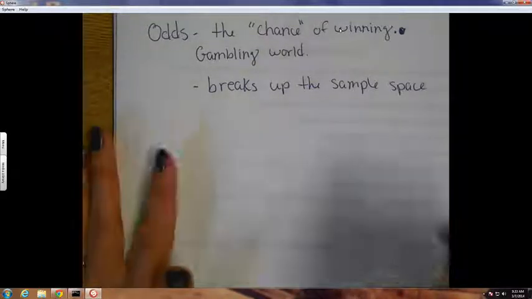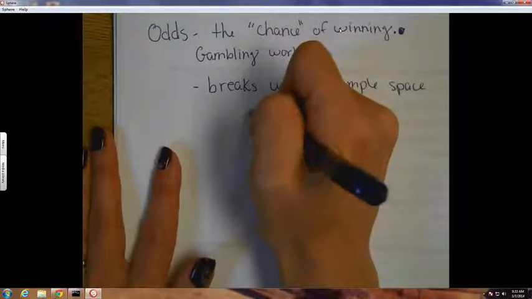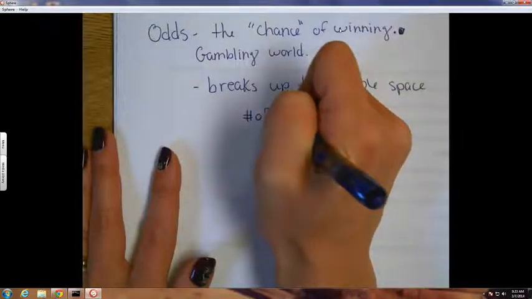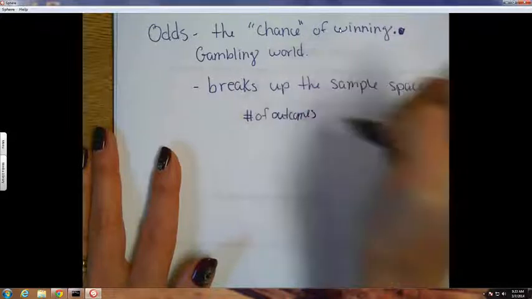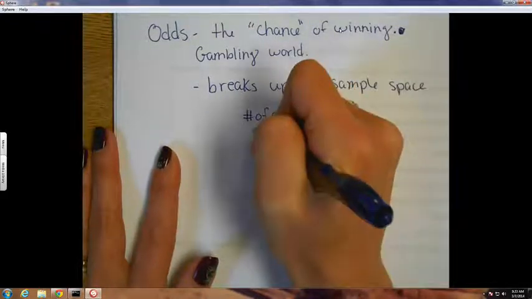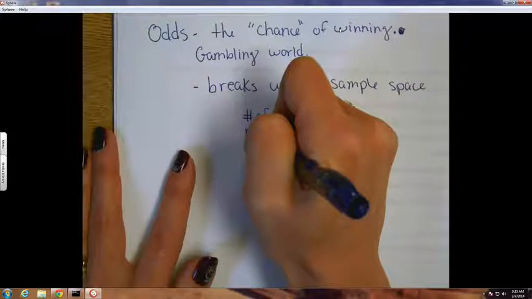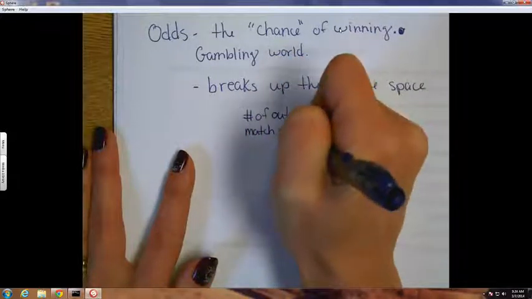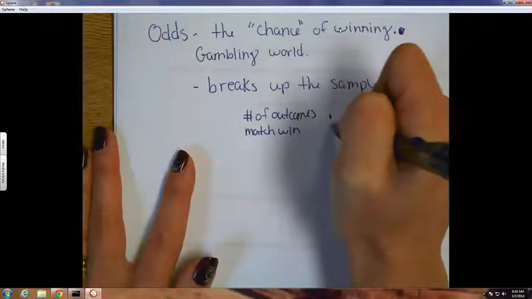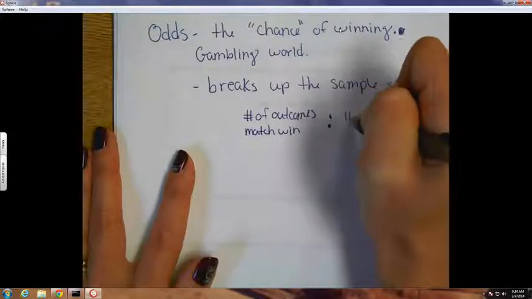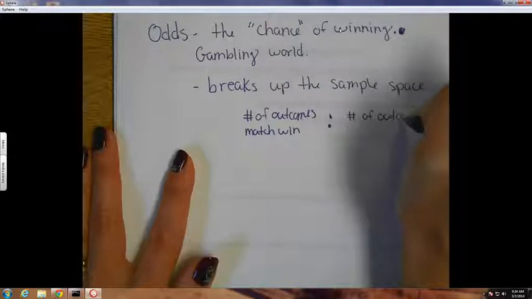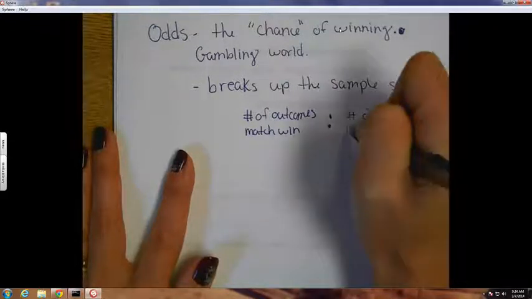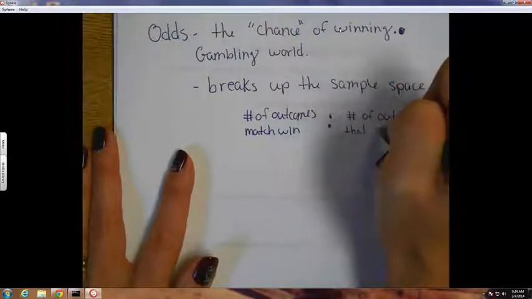And the way it breaks it up is it takes the number of outcomes that match a win, and they compare that to the number of outcomes that don't match, that don't make a win.